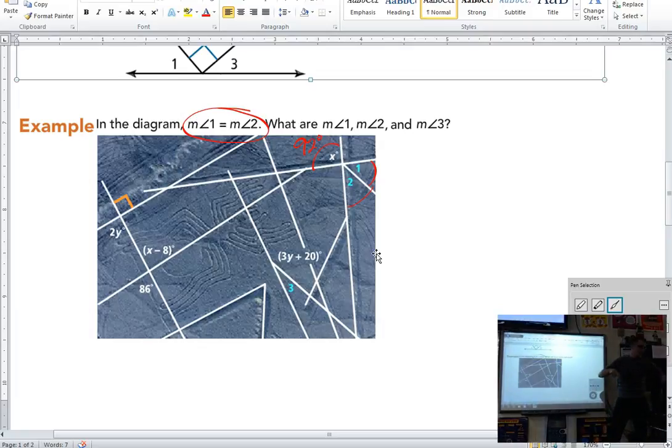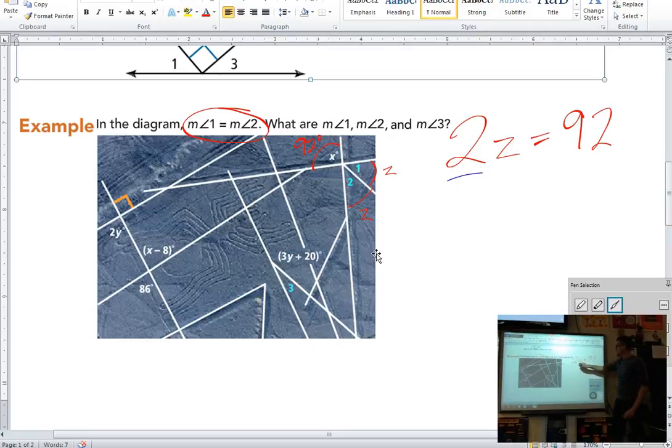When it tells us that angle 1 is equal to angle 2, we can give it a different variable and say they both equal z, because they're both the same. So if I have 2 angles of the same size that equal another angle, we then just divide by 2 to figure out one single angle.